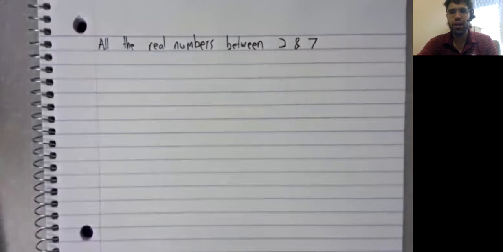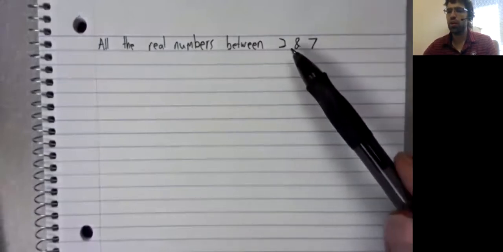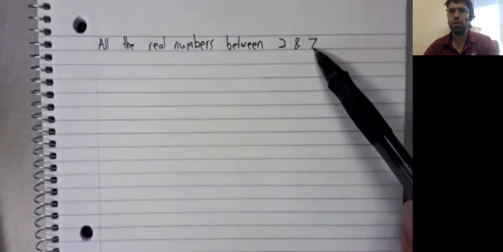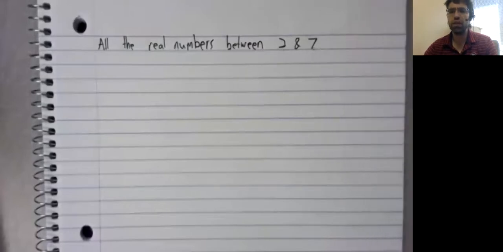compactly. There are, in fact, a few ways we could represent this, but there are subtle differences between them, depending on whether we want to include the 2 and depending on whether we want to include the 7.